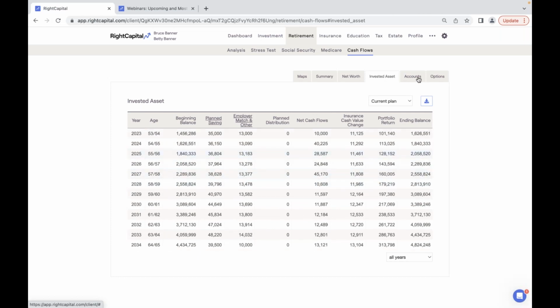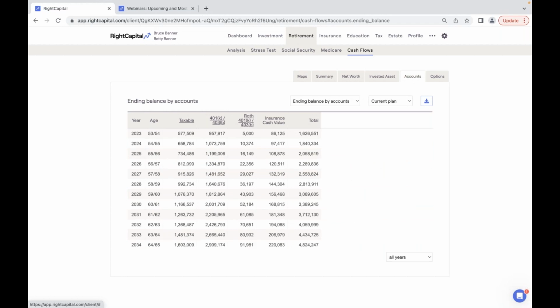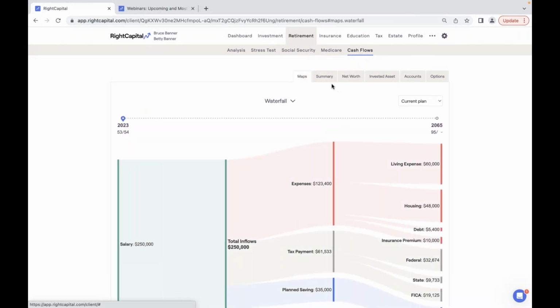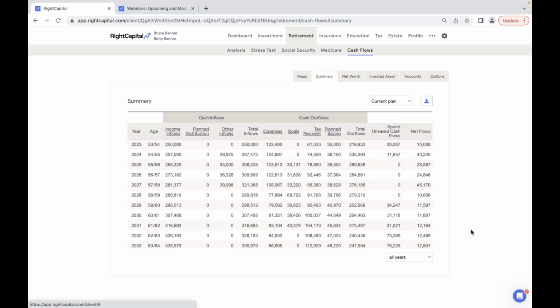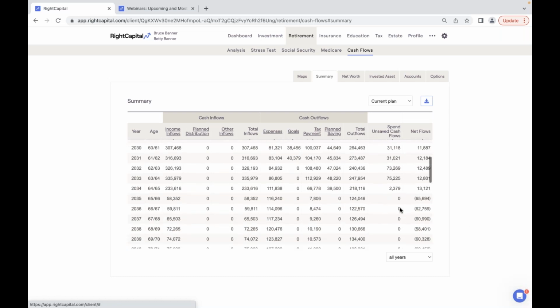And then one of my favorite areas of Right Capital is actually called the accounts tab. And this accounts tab within the cash flows, in my mind, is the best place to see the movement of money throughout the financial plan. So maybe if we have years, for example, where our summary is telling us that maybe we're spending more than we're making.